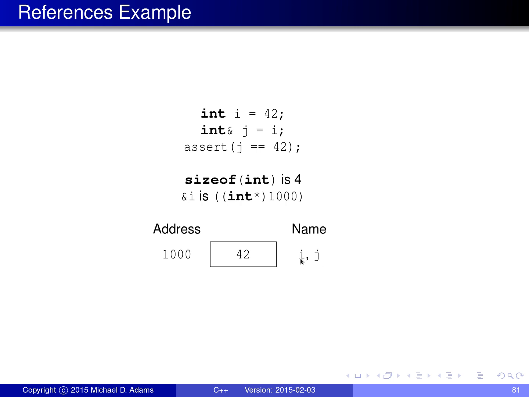So now the names i and j both refer to the same variable, the same object in memory. So if I read the value of i, or read the value of j, or write the value of i, or write the value of j, it makes no difference because i and j are actually the same variable. They're just different names for the same underlying object.